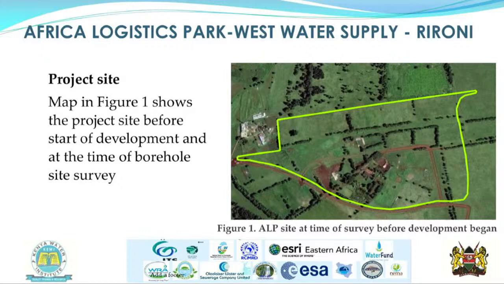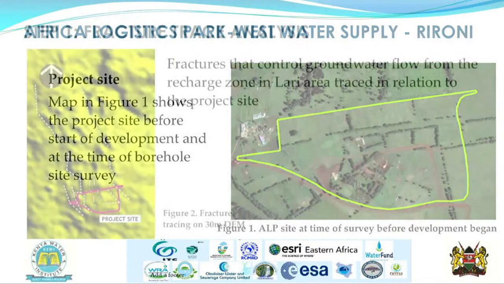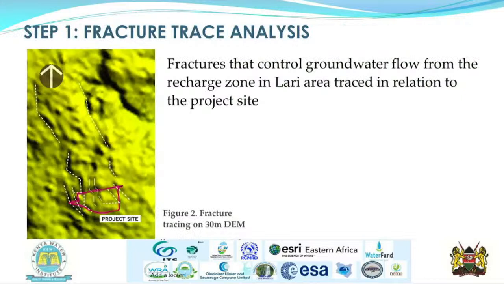That's an example of Africa Logistics Park, which is at Rironi Tilisi. So once we get that, then using the terrain model, we overlay that site on the model and then identify again our groundwater flow paths, okay?